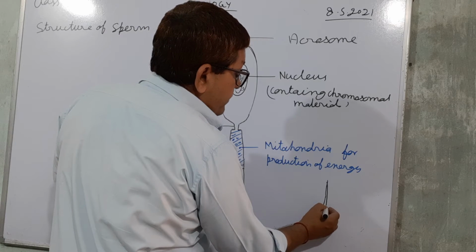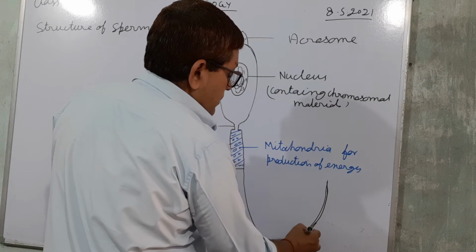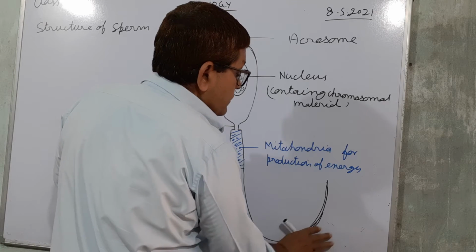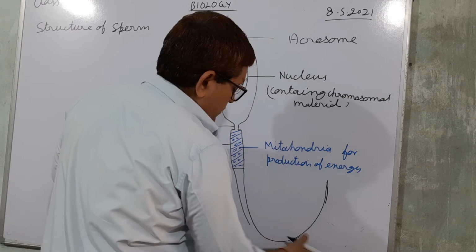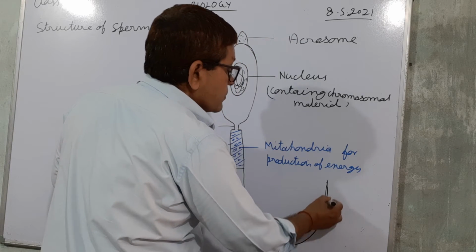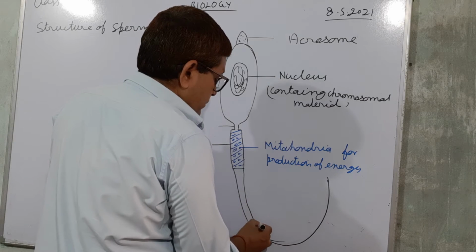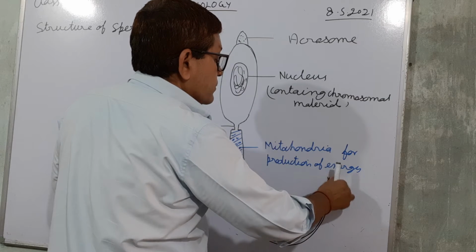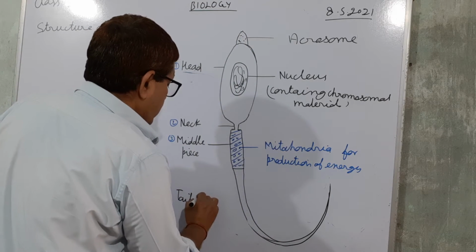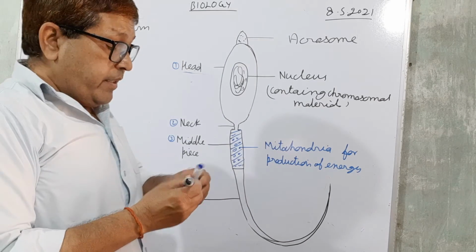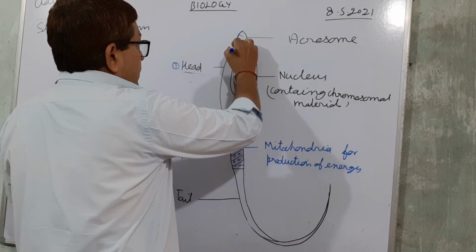This region is the tail. The elongated tail is there, and externally the whole sperm is covered by a plasma membrane.